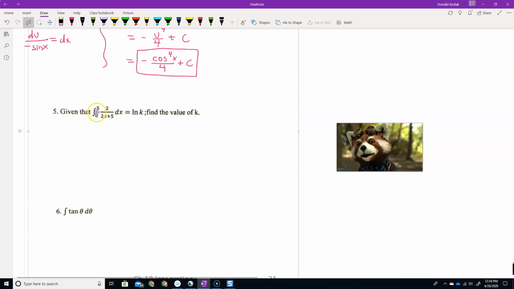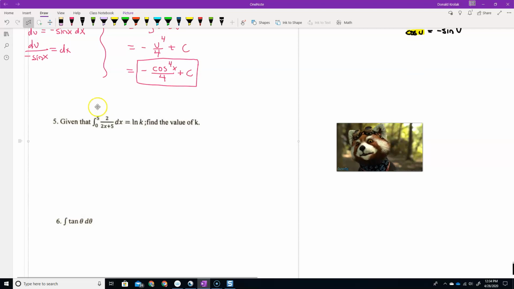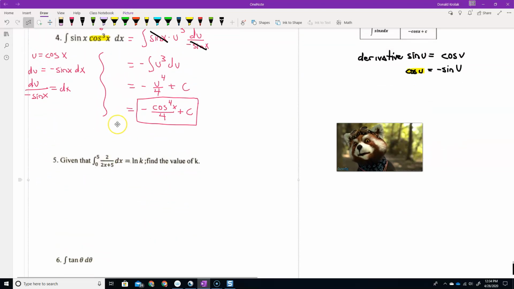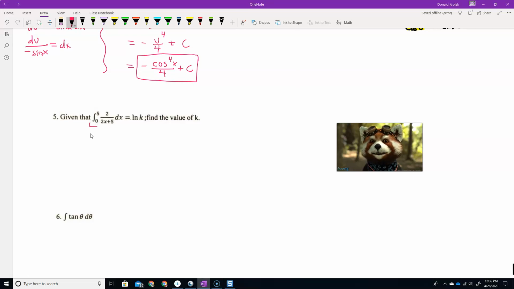All right, number 5. Now we've got u substitution, and we've got some natural logs in there. So u substitution with natural logs. Here we have a definite integral. So what we're going to do is get a value for this.